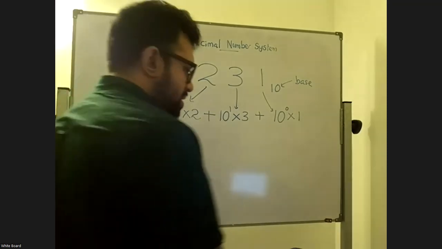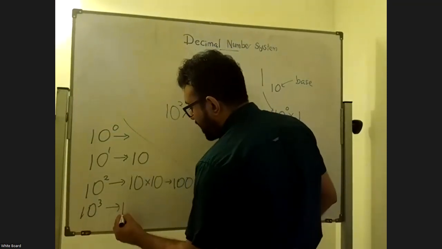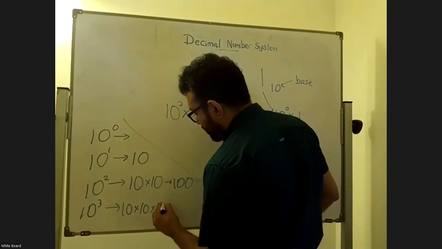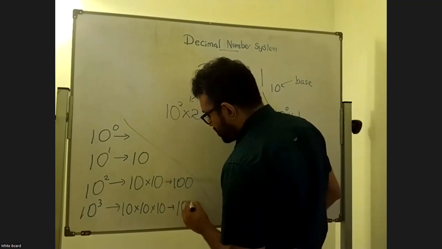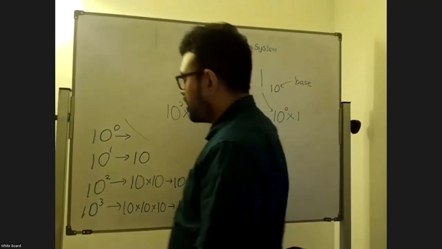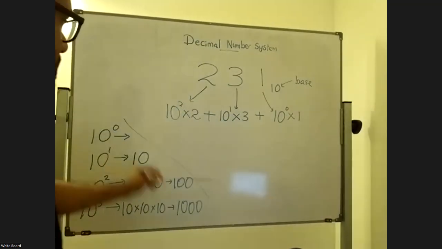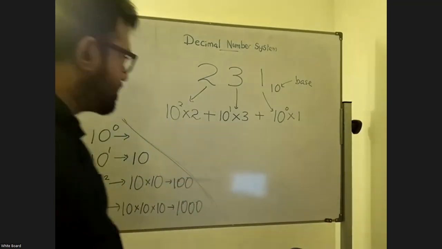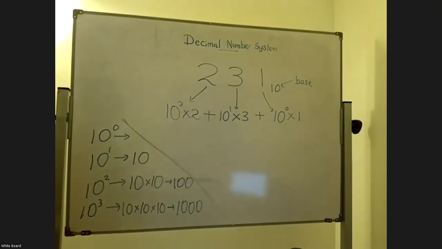Good. That means 10 into 10 into 10 is going to be 1000. Okay. So we have to have this particular table or these facts to evaluate this. And what is 10 to the power 0?